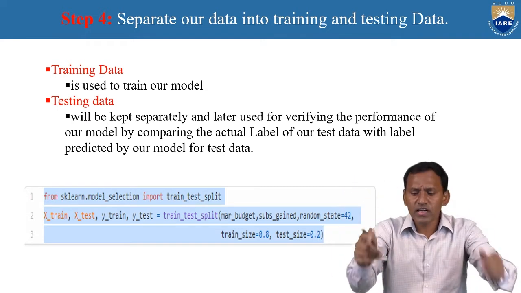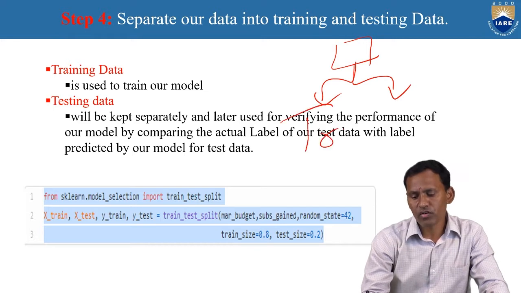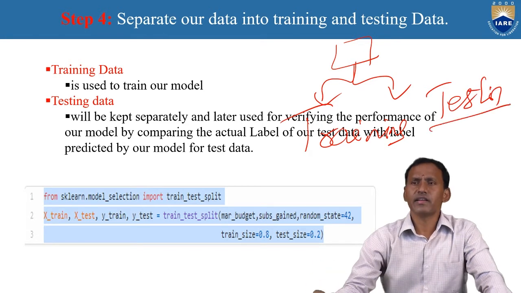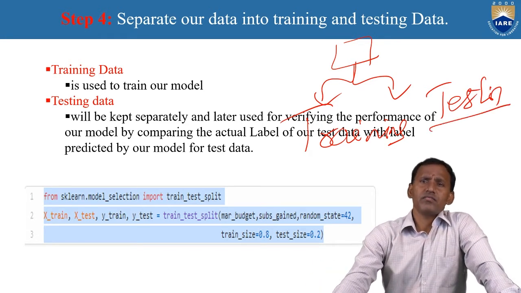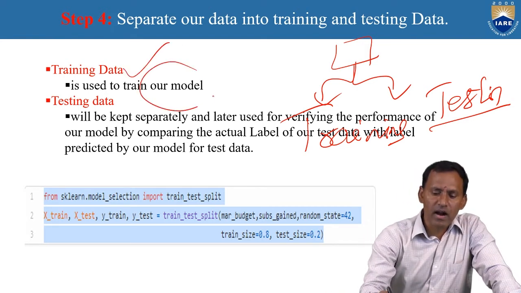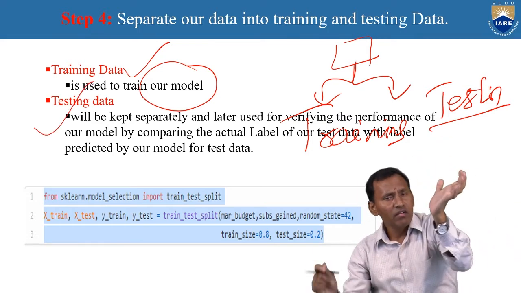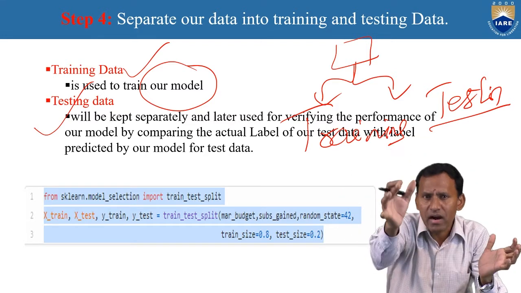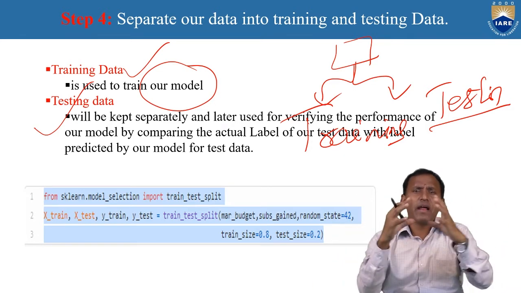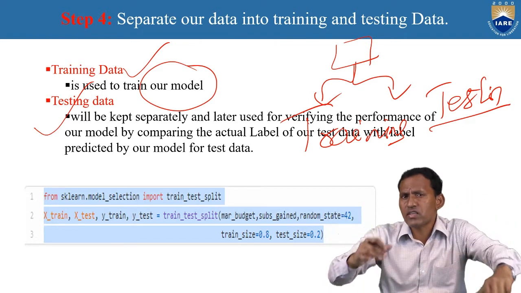That means the total data is divided into two parts: training data and testing data. The training data is used to train the model, and the testing data we keep aside. After building the model, we apply it on the test data to get the accuracy value. Now, how can we split the data into two categories in Python?